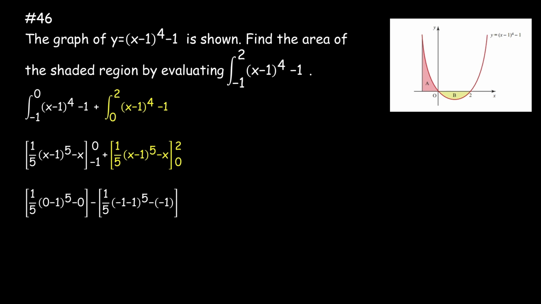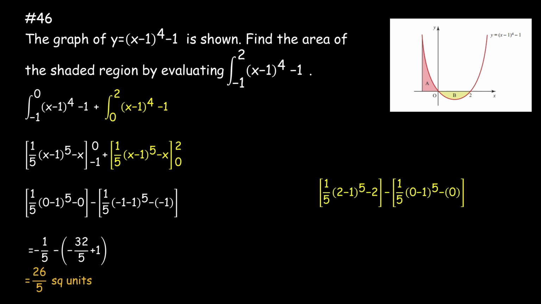If we substitute each of these limits, we would get negative 1/5 minus negative 32 over 5 plus 1. That's for the first part. Now, for the second part, which is in yellow, we would get 1/5 minus 2 minus 1/5, which would give us negative 8 over 5 square units, which I said would be negative.